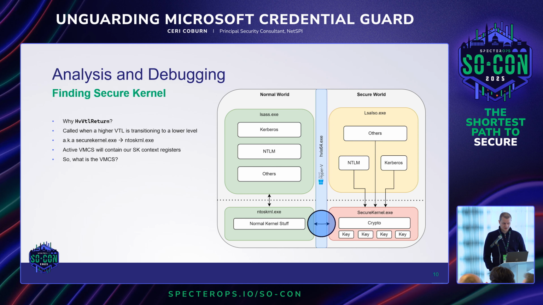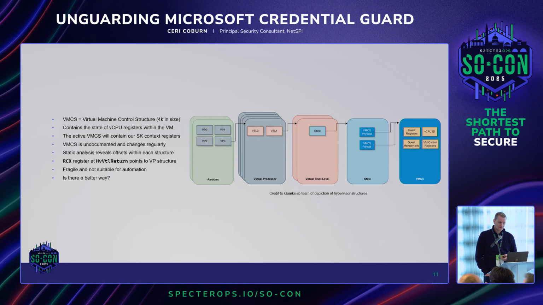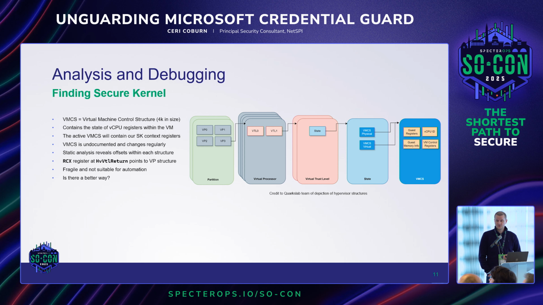So what exactly is the VMCS? The VMCS is the virtual machine control structure, and it's part of the Intel VT-x instruction set, and it's a structure that is pretty big. It's 4K in size. Now, the trouble with this structure is it's completely undocumented, and it's down to the implementer of the hypervisor how that layout is in memory.